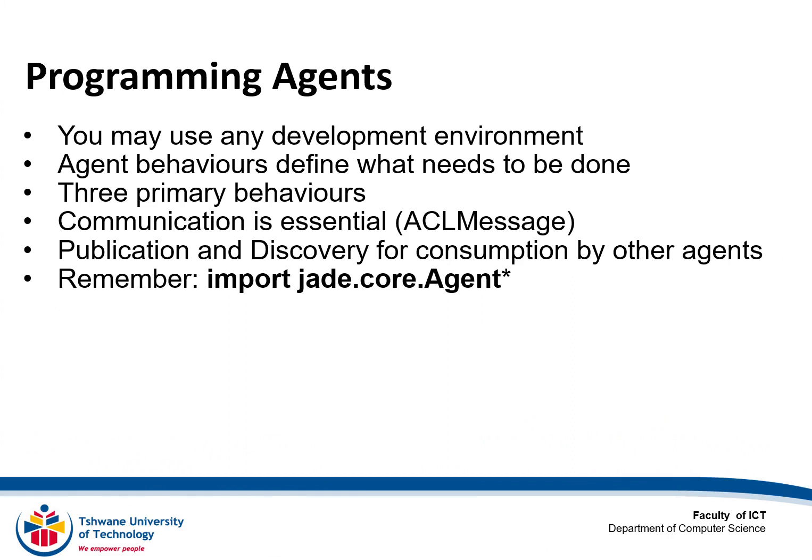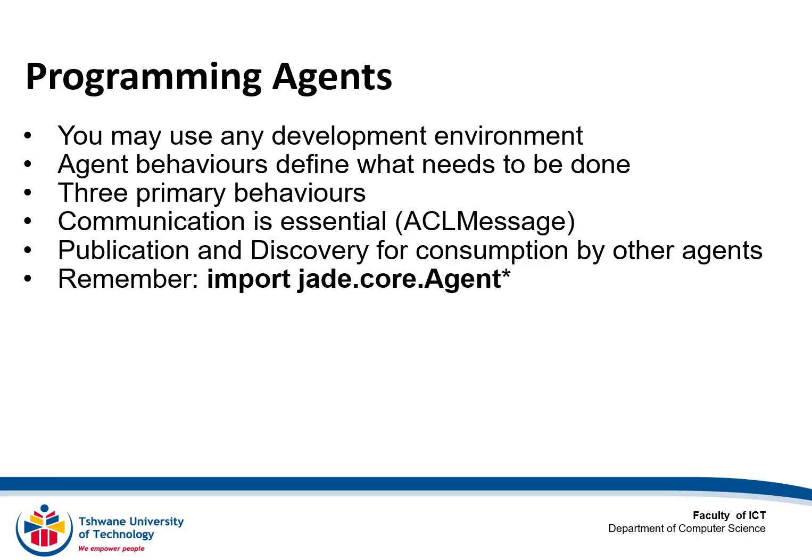Okay, so when you program agents, you may use any development environment, as you're already aware. You can define agent behaviors so that they are able to do whatever it is that you want done. There are three primary behaviors that we have already spoken to in the previous lecture. And agent communication is, as you know by now, achieved through the ACL, which stands for Agent Communication Language.